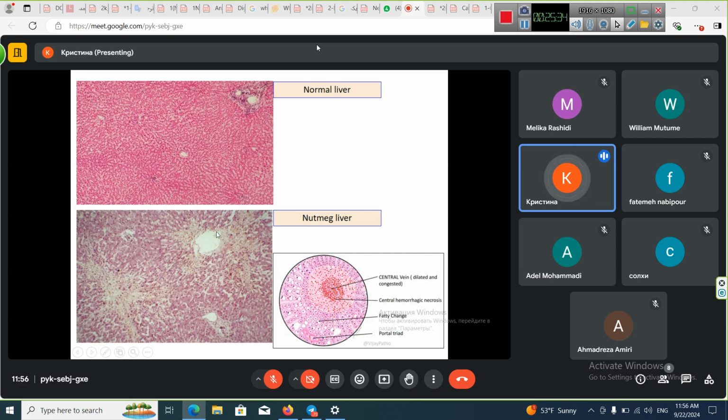So the areas in this picture are the central vein in the center, then the area of central hemorrhagic necrosis here, then the area of fatty change of the periportal hepatocytes at the periphery of the lobule, and finally the area of the portal triad filled with overgrown connective tissue.